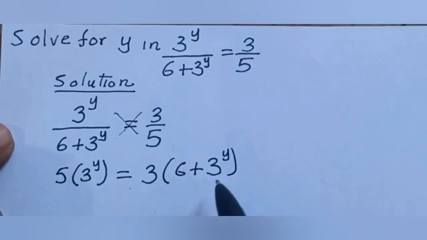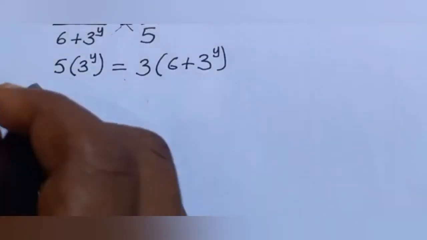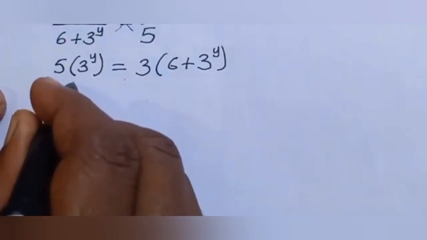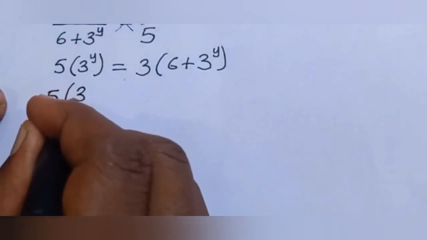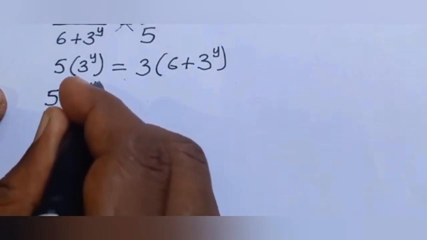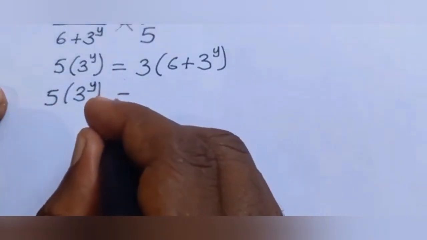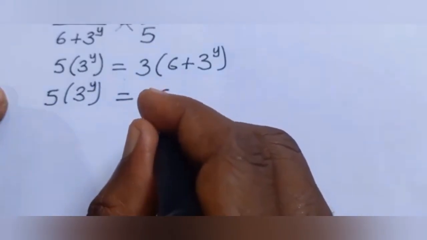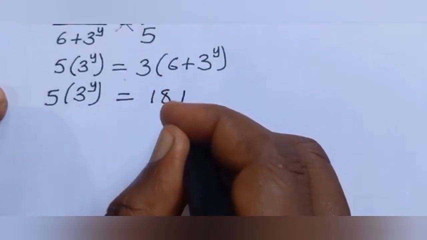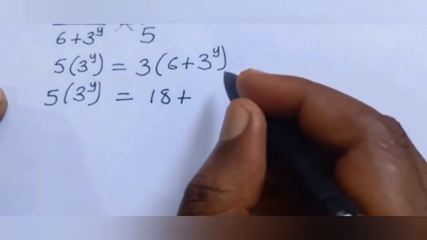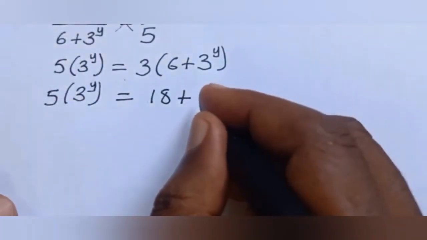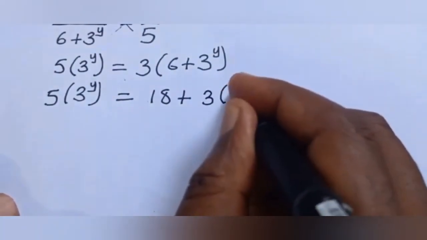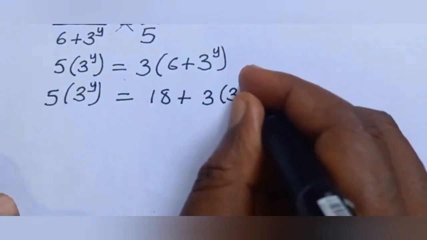On the right hand side we have 5 in the bracket 3 raised to power y equals 3 times 6, you get 18, plus 3 times 3 raised to power y, we have 3 in the bracket 3 raised to power y.